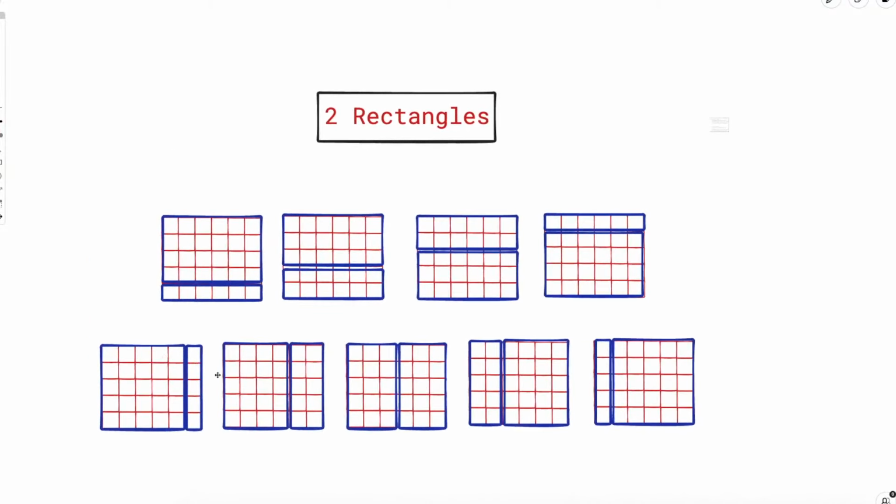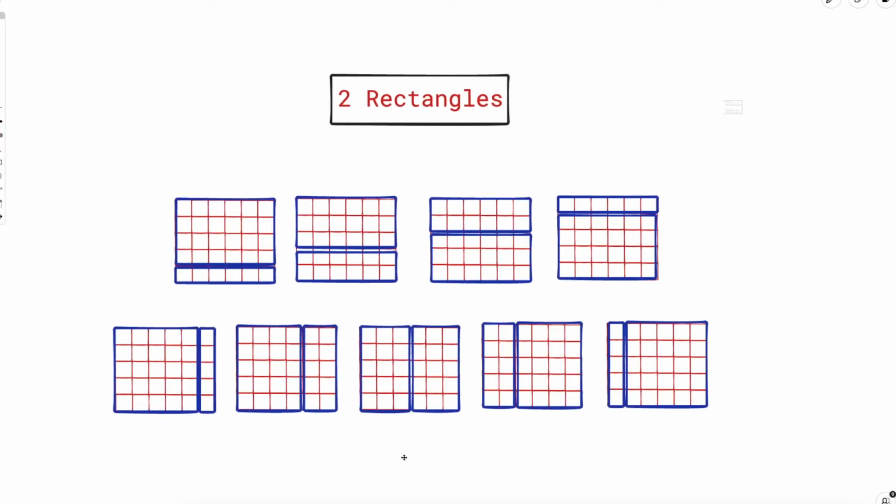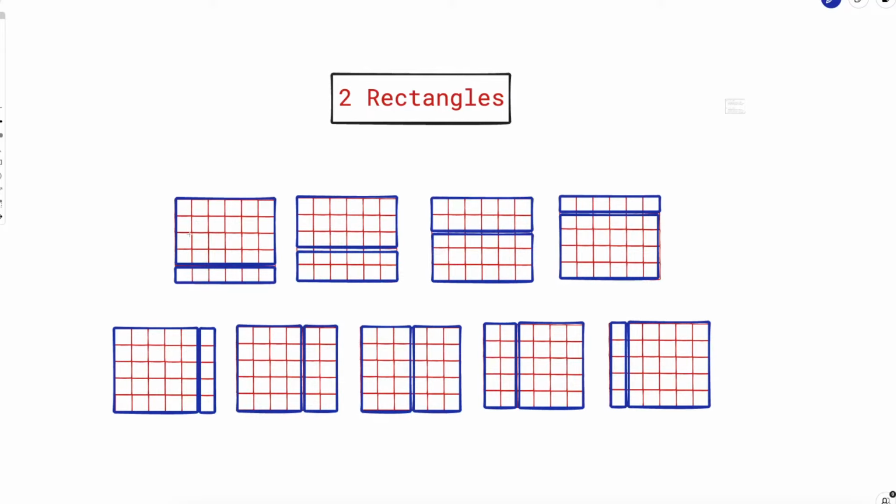So in other words, this is how your different partitioning will look like. You will first try out, let's say, all the horizontal partitioning, and then you will try out all the vertical partitioning as well. For each of them, you will simply ask, okay, give me the minimum possible area that can cover all the ones here. So let's assume that that function is named cover.